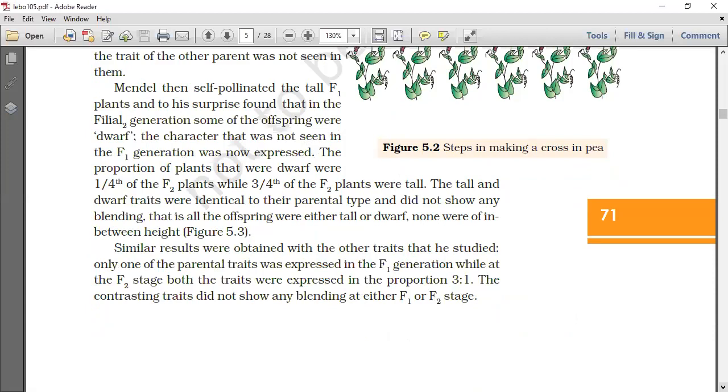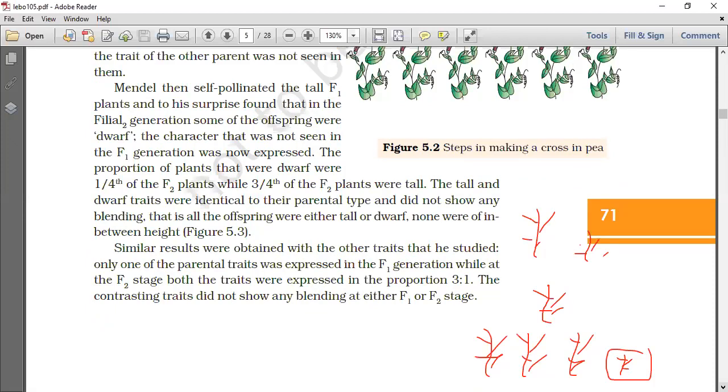Let me remind you of the cross: a tall plant crossed with a dwarf plant. In the F1 generation, all the plants appeared tall. When F1 is self-pollinated, nearly 25% of the plants in the F2 generation are dwarf.